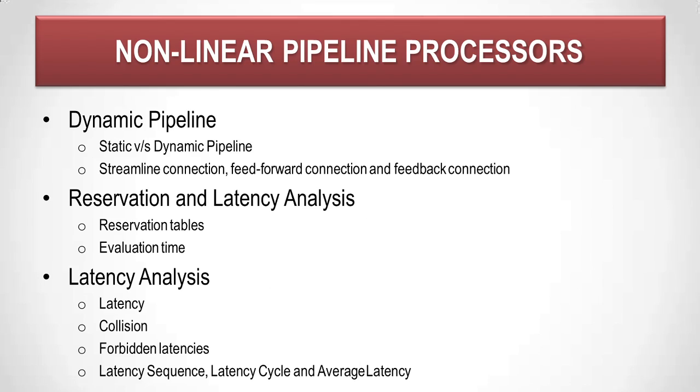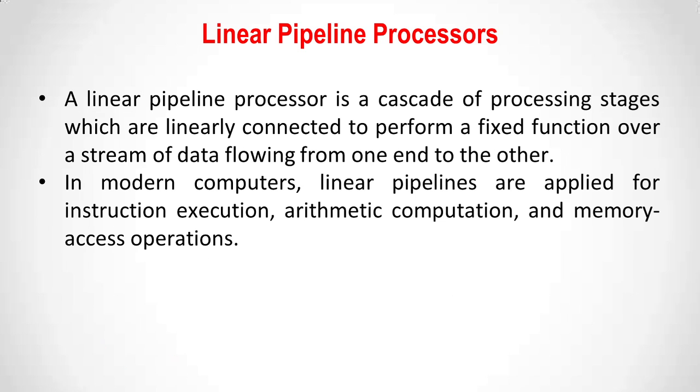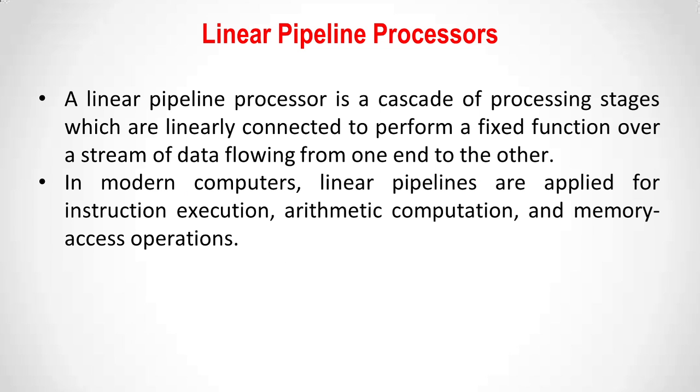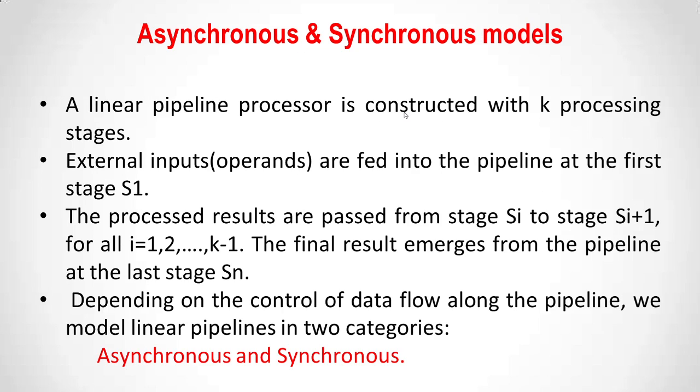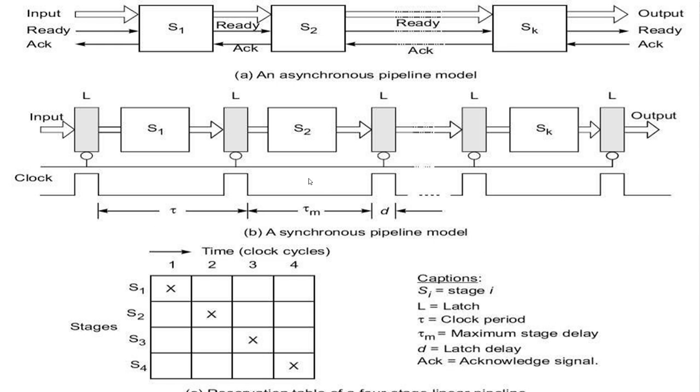So in this video we discussed linear pipeline processors. A linear pipeline processor is a cascade of processing stages which are linearly connected to perform a fixed function over a stream of data flowing from one end to another. Now we can easily write this statement by seeing the diagram.